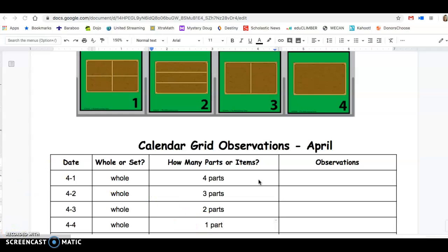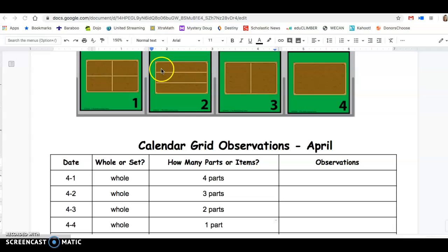Now let's go back and look at our pictures a little more closely and the parts that they are broken into. So do you know the name for each of the parts in calendar card 1? If you said that each one of those parts are fourths or worth 1/4, you are correct. Let's look at card number 2. Card number 2 we said was split into 3 parts, 1, 2, 3. So each part is worth 1/3.